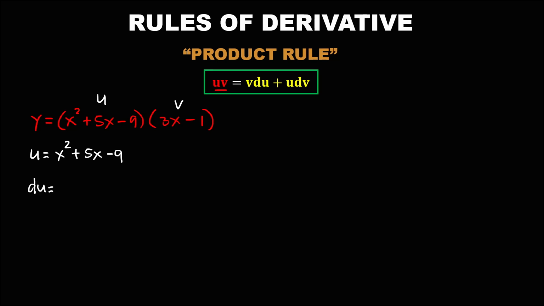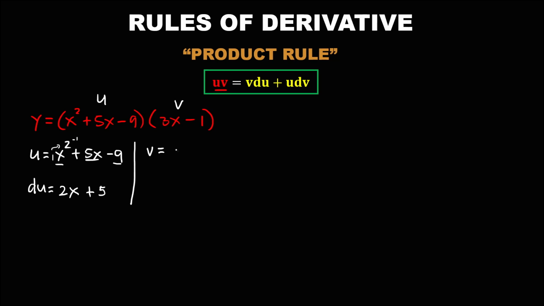Then to find the derivative, the derivative of x squared, we have this numerical coefficient 1, so multiply 1 times 2. This one is 2, then x with exponent minus 1, so to the power 1, then plus the derivative of a constant and x. This is equal to the constant, and this one is 0. So du is 2x plus 5.